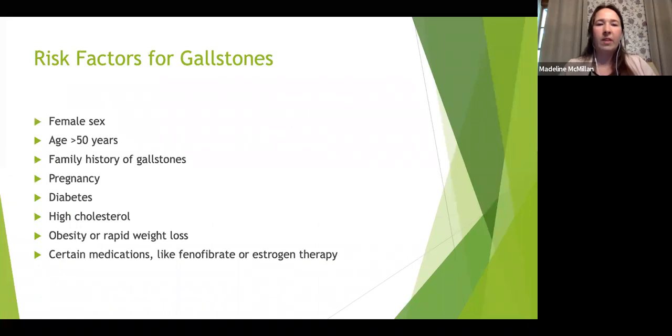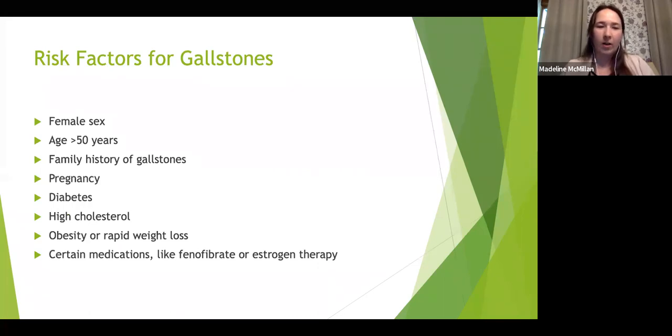Some common risk factors for developing gallstones: unfortunately, females are significantly more likely to develop gallstones than men. Age is also a big risk factor. Our older patients, if you get above 50, you are going to be more likely to have gallstones. Family history is another big one.